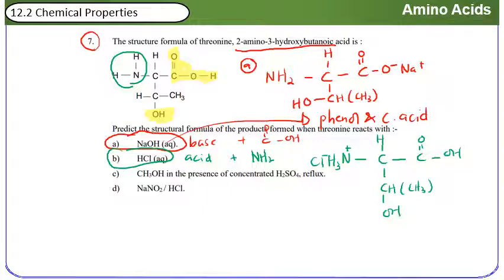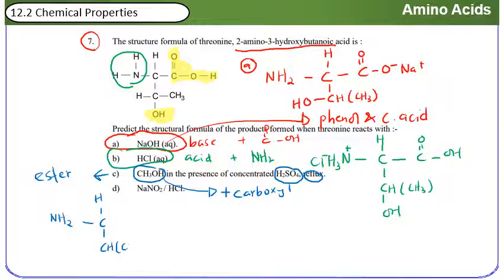Next, we have methanol in the presence of concentrated H2SO4 under reflux, which means this is going to produce an ester. The carboxyl group will react with the alcohol. NH2 is maintained, CH is maintained, CH3OH is maintained, and the COO negative will become C double bond O, because for the carboxyl group the OH is taken out, and for the alcohol the bond breaks between O and H. Then the bond connects to the oxygen and CH3.